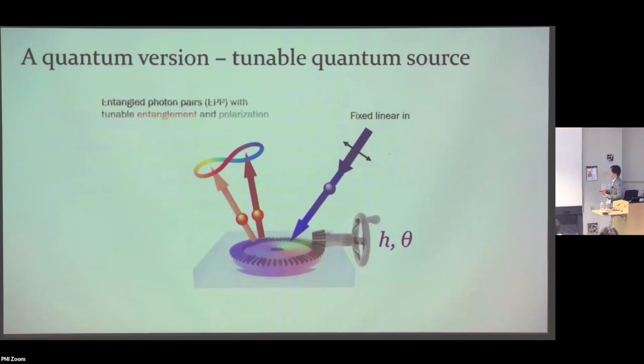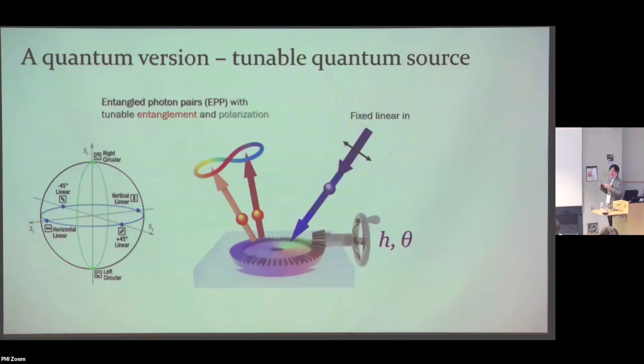So what you generate is entangled photon pairs. And now if we do this in the same method as before, by tuning these two knobs, we can realize a quantum light source where the entanglement and the polarization of the entanglement is now tunable.